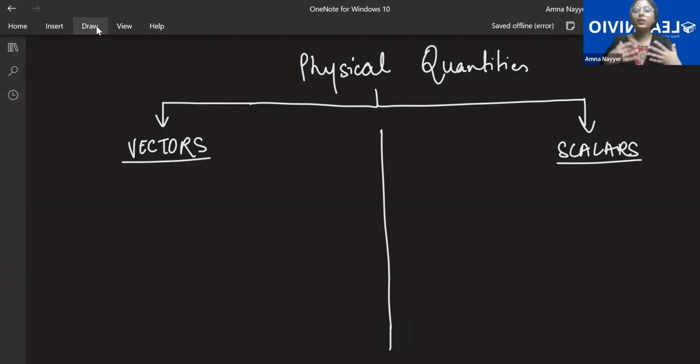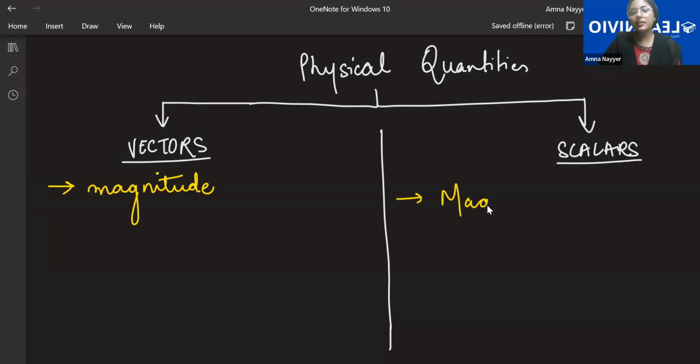When you have the terms vectors and scalars, both of them have magnitude. Vectors also have a magnitude and the scalars also have a magnitude. Now, having a magnitude means the number without the signs.